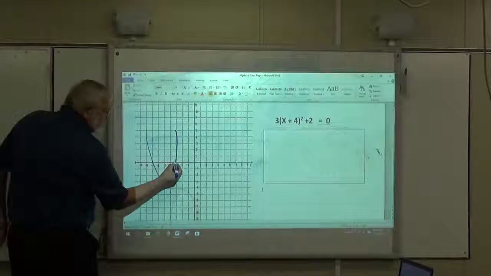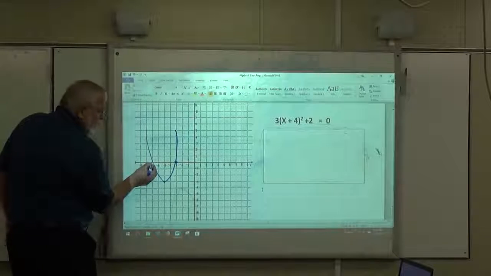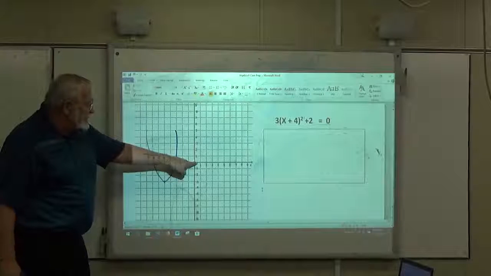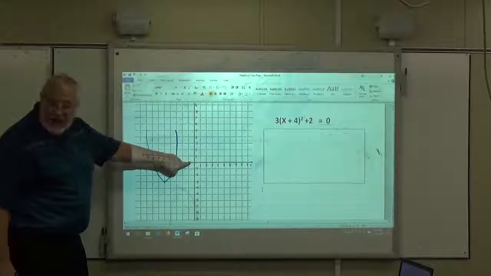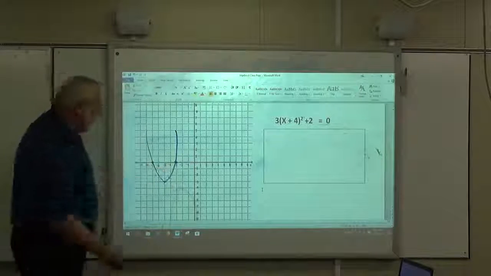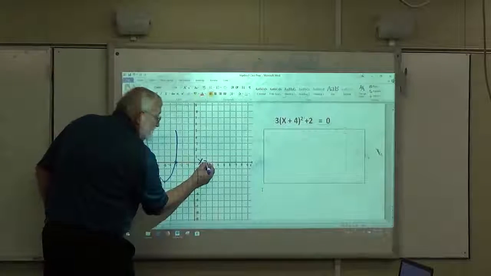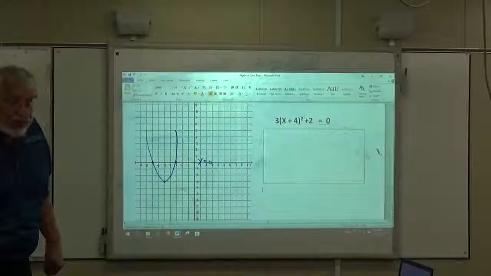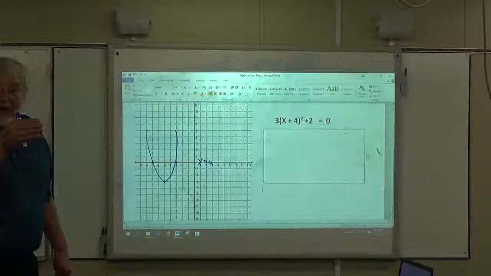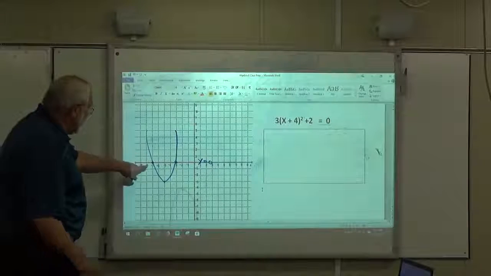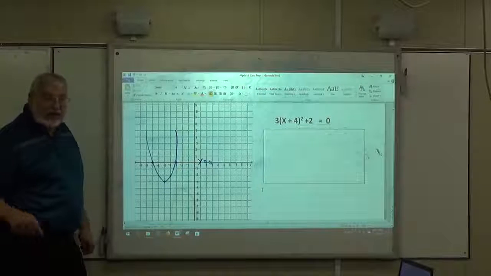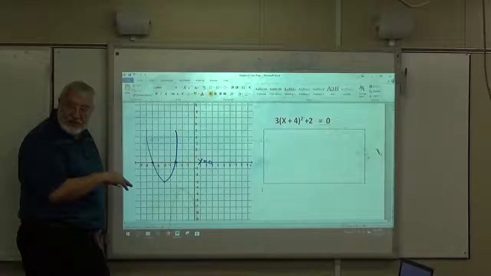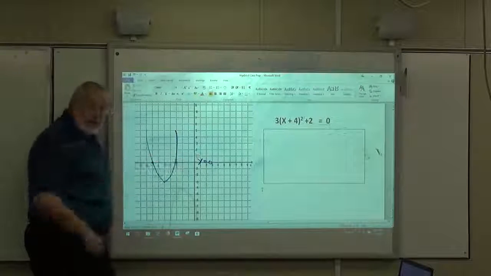The solution is this point and this point, because this line is where y equals 0. Right? This line here, y is equal to 0 on the x-axis. Isn't that what we set the equation to equal? Right? The quadratic equation equals 0. If the y equals 0, it's that point. And so if the question asks what are the x-intercepts, it's talking about the solutions. It's the solutions when y equals 0.